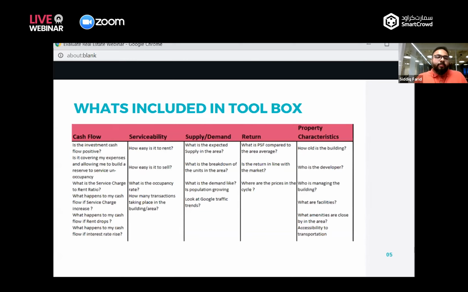For me, the most important thing, you've probably heard this a lot when it comes to real estate: location, which is true. But as a real estate investor, the number one thing for me is cash flow. Location comes second. Cash is king.